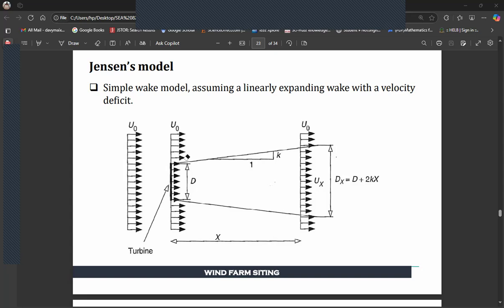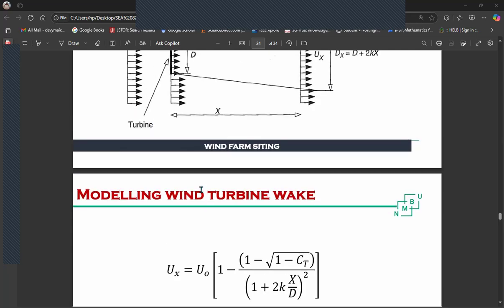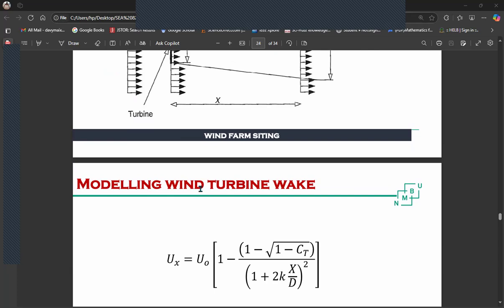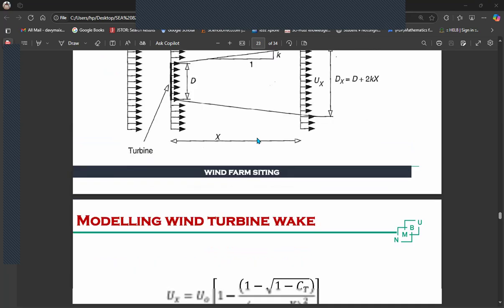So we can just start with the model, and we can see that we have the formula which is used when determining the wind speed at the downstream turbine, the second turbine, which is affected by the wake caused by the first turbine.